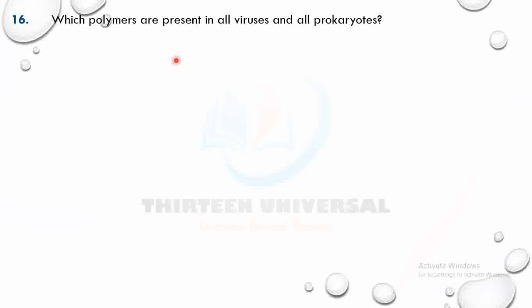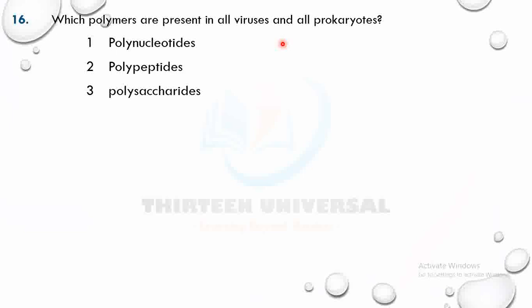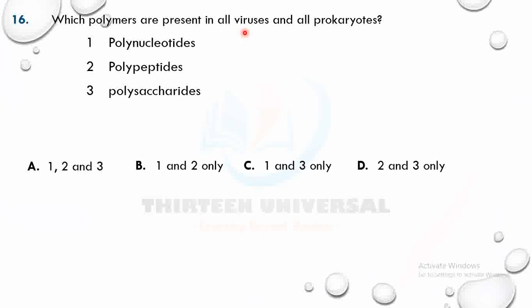All right. Which polymers are present in all viruses and all prokaryotes? We solved this question in our cell structure video, but you can solve it if you have watched that video. Pause the video. You should be able to tell me the answer. All viruses have nucleic acid, DNA or RNA, and DNA and RNA are polynucleotides.